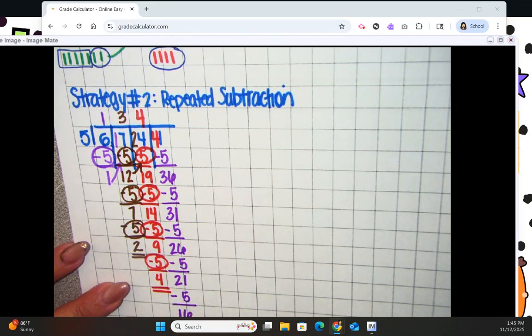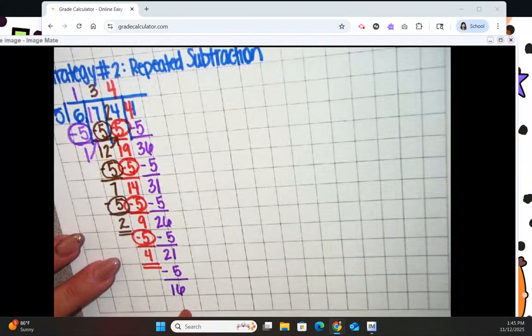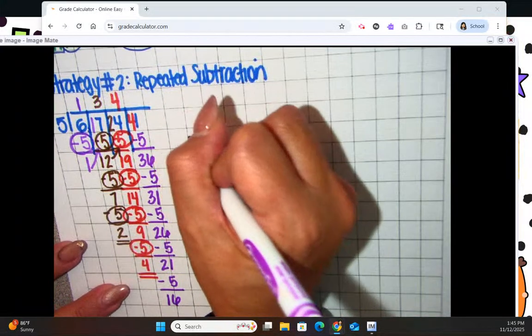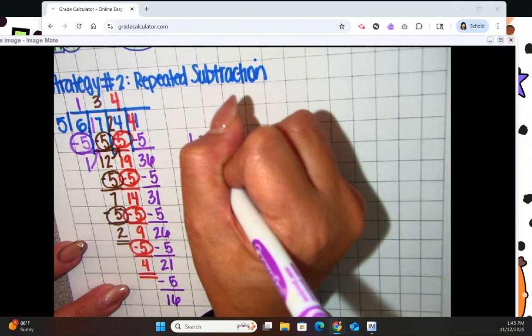Now, I know that I don't have any more space down here, but I'm a problem solver, not a problem maker. So I'm going to bring this back up here so that I can continue.